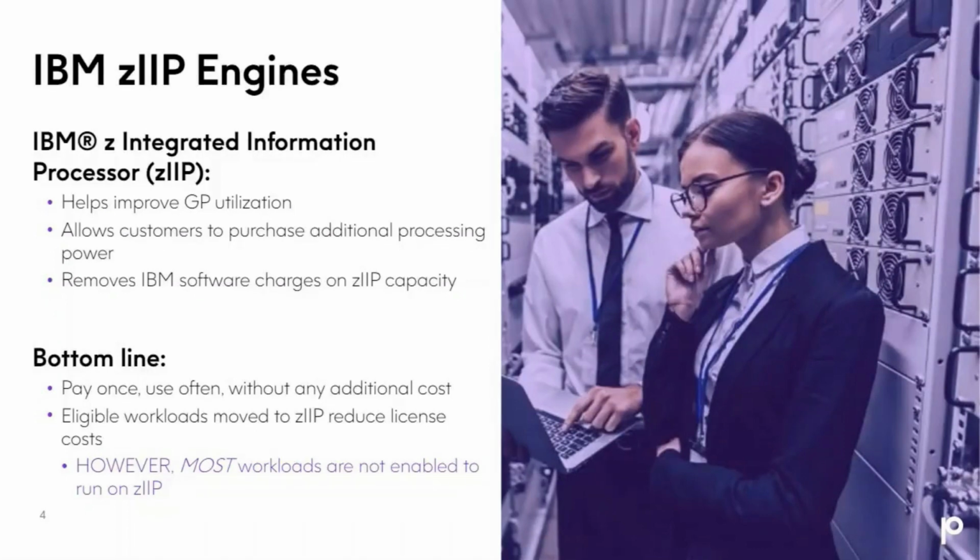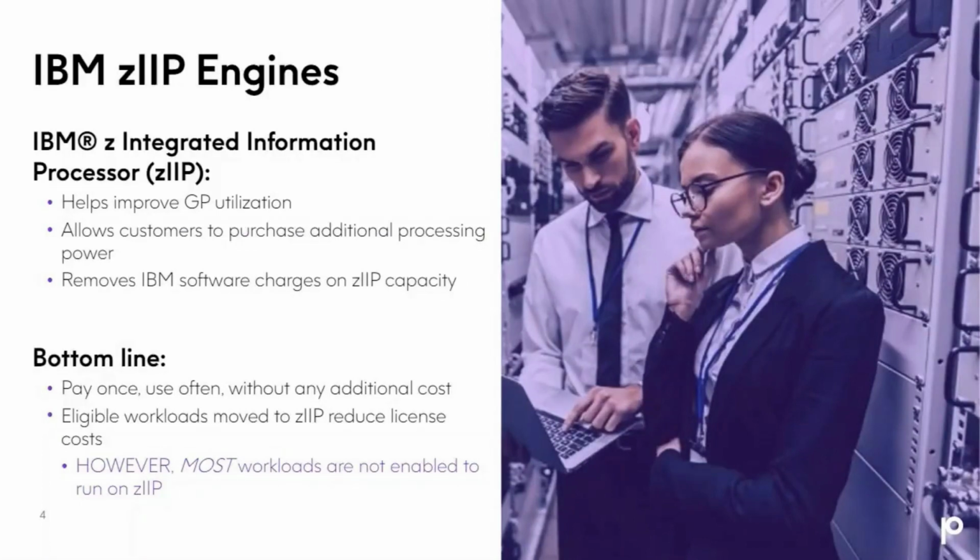Inside of everybody's IBM machine, there is something that IBM gave us called a Z Integrated Information Processor. Now, this is a purpose-built processor designed to operate with the general processors in the mainframe to help improve utilization of computing capacity and control cost. ZIPs allow customers to purchase additional processing power without affecting the total MSU rating.